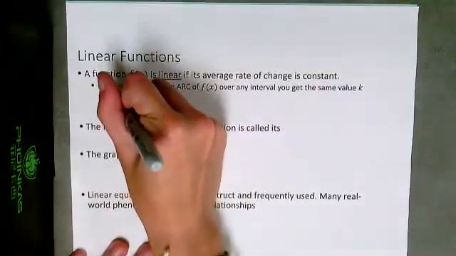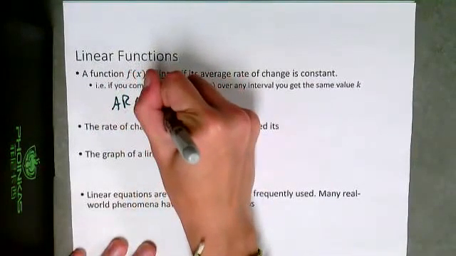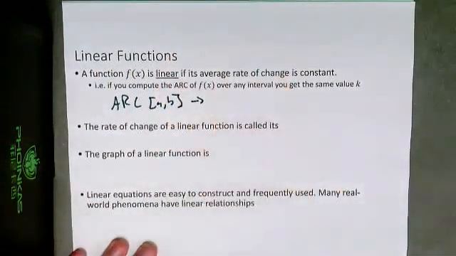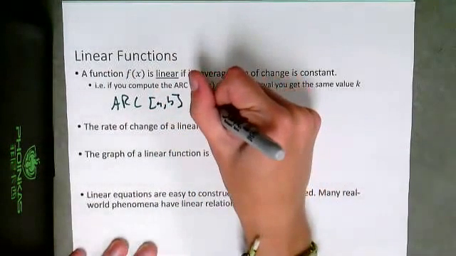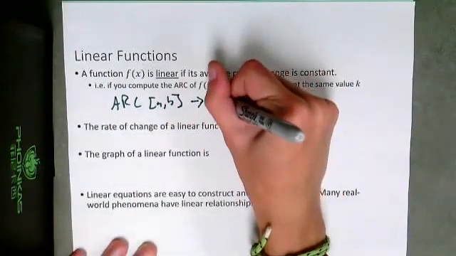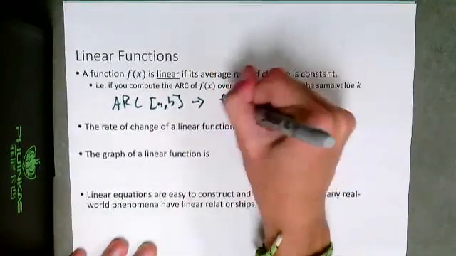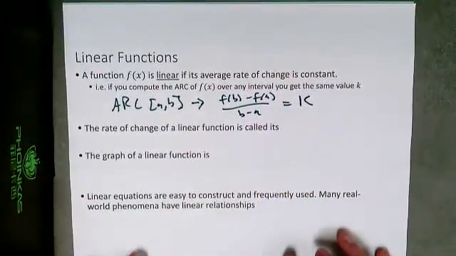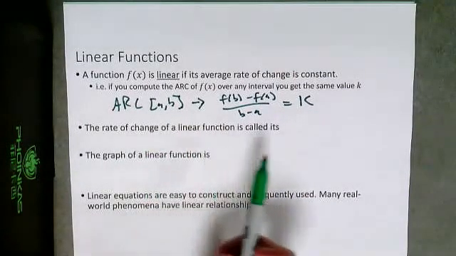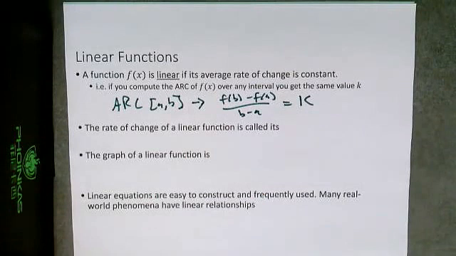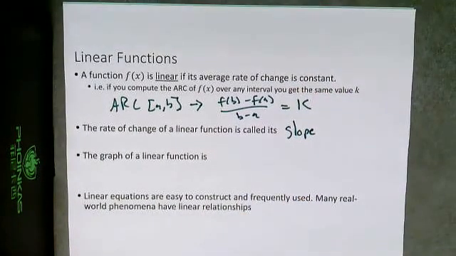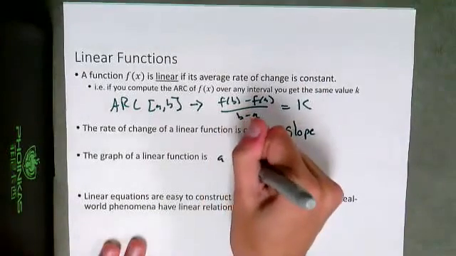So if you look at the average rate of change over some interval AB, well, we want it for every interval, obviously. So for every interval AB, f of B minus f of A over B minus A is going to equal K, right? So for any interval we choose, we want that to be the same. The rate of change of the linear function is called its slope. Right? And the graph of a linear function is a line.